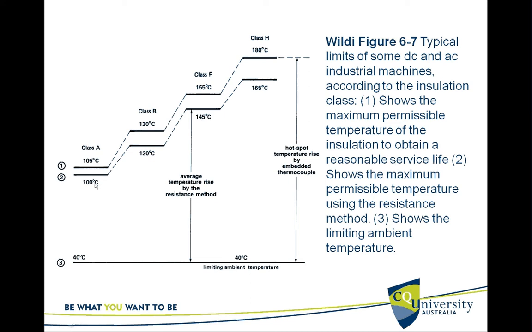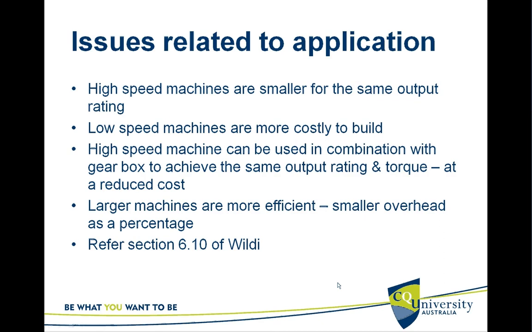The second one shows the maximum permissible temperature using resistance method, and the third one shows the limiting ambient temperature. So this gives you average temperature rise by resistance method, hotspot temperature rise by embedded thermocouple. This is an extract from the textbook, so you can read more in the textbook about this.